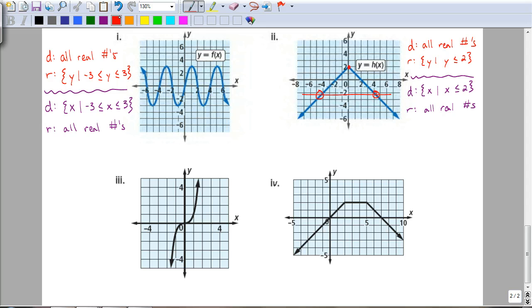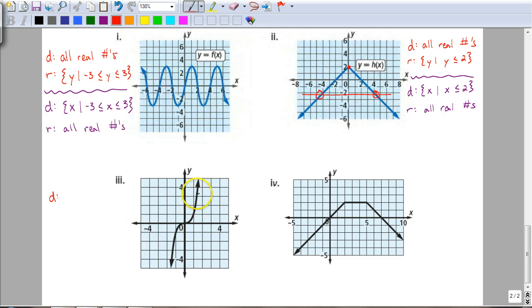Okay, for this example number 3 here, you should see that the inverse would be a function. No matter where we draw a horizontal line, it's only going to pass through the graph at one point. So the inverse of that is a function. To find the domain and range, the domain of the original would be all real numbers. This doesn't go straight up.